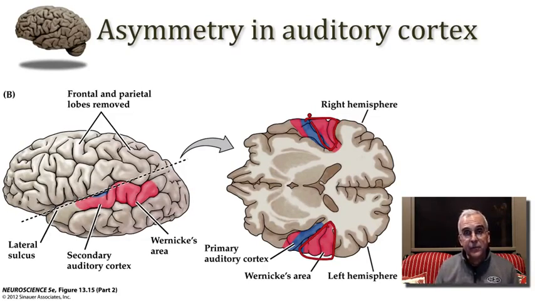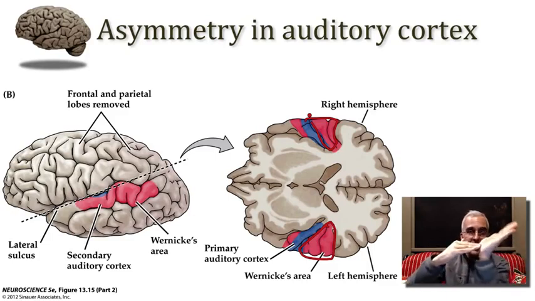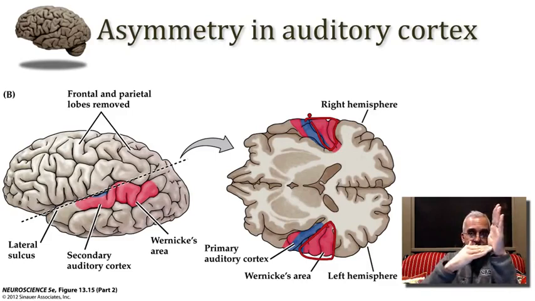Consequently, the lateral fissure is longer and straighter in the left hemisphere compared to the right hemisphere, where there's often an upward bend, giving the impression of a shorter lateral fissure in the right hemisphere.